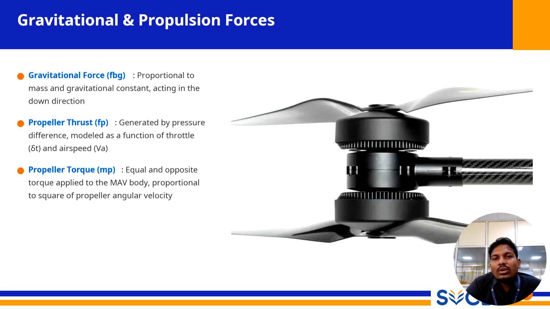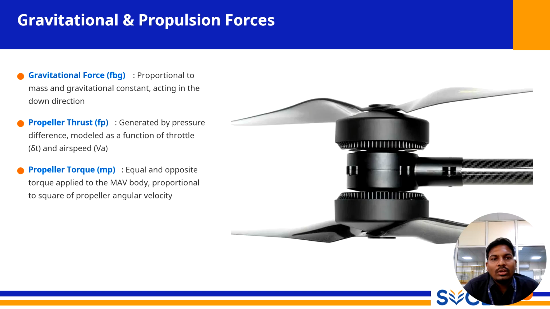Of course, generating thrust isn't the only effect a spinning propeller has. According to Newton's third law, for every action there is an equal and opposite reaction. This leads to the creation of propeller torque MP. In order to spin a propeller, the motor must apply a torque to it.